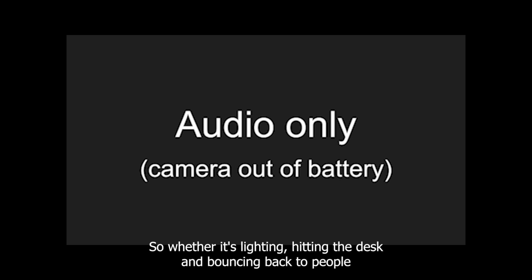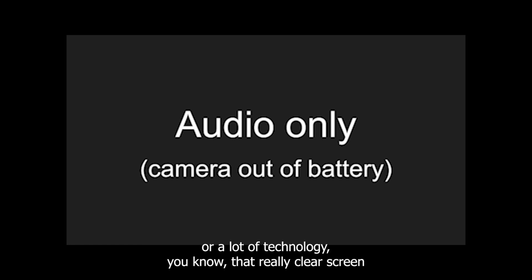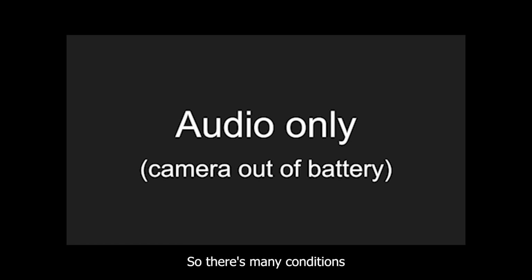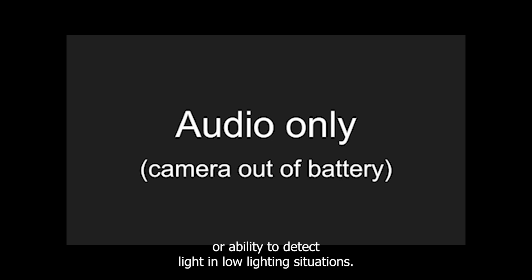So whether it's lighting hitting the desk and bouncing back to people, or a lot of technology, that really clear screen we like to have actually has a lot of reflective light back at us. So there's many conditions that impact the eyes and the brain's ability to adapt to light and dark conditions, and sensitivity to bright light, or ability to detect light in low lighting situations.